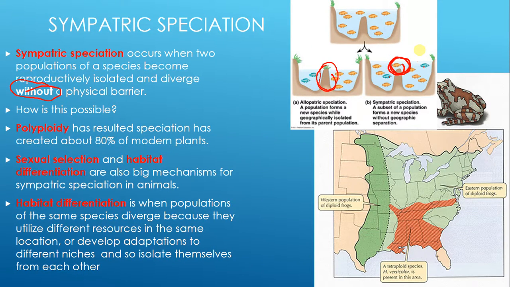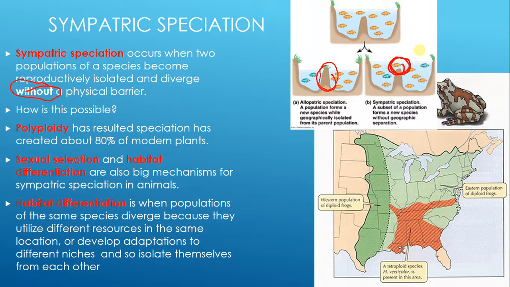One is something that's called polyploidy. Remember, we talked about non-disjunction events, where we can have extra or fewer chromosomes. Well, in the past, organisms have evolved pretty much instantaneously by having a mutation which caused their chromosome number to double.